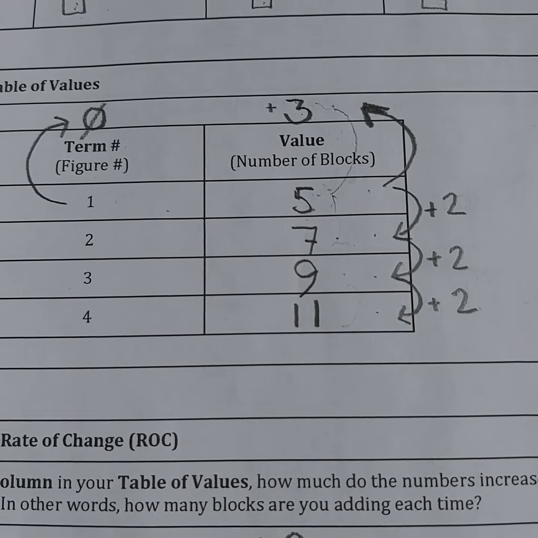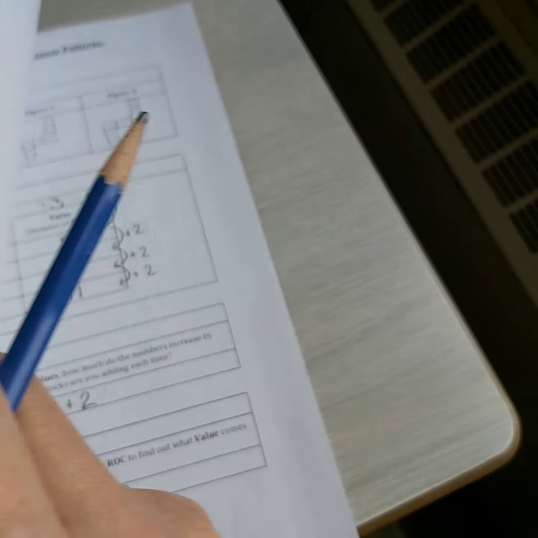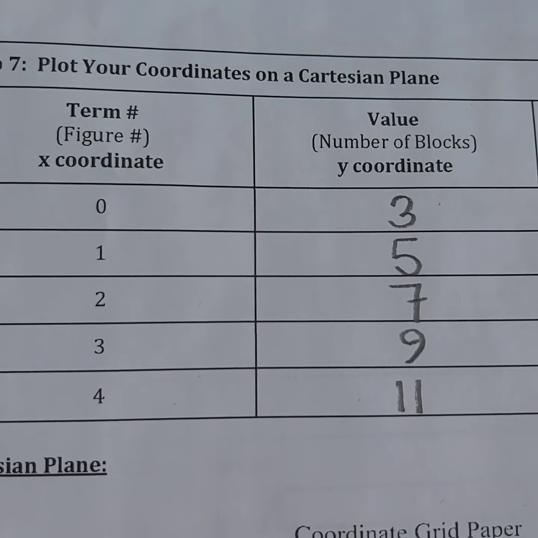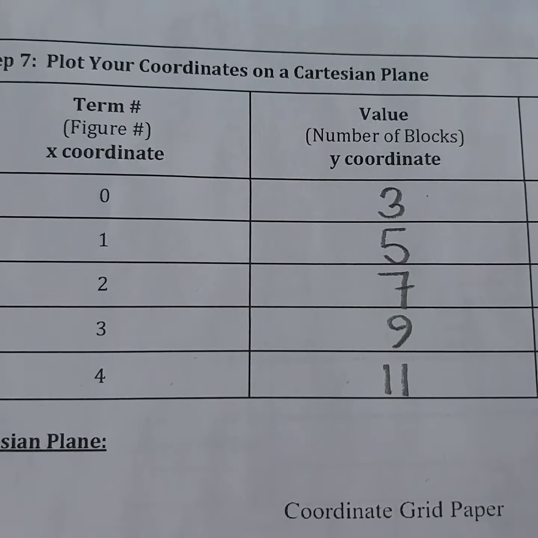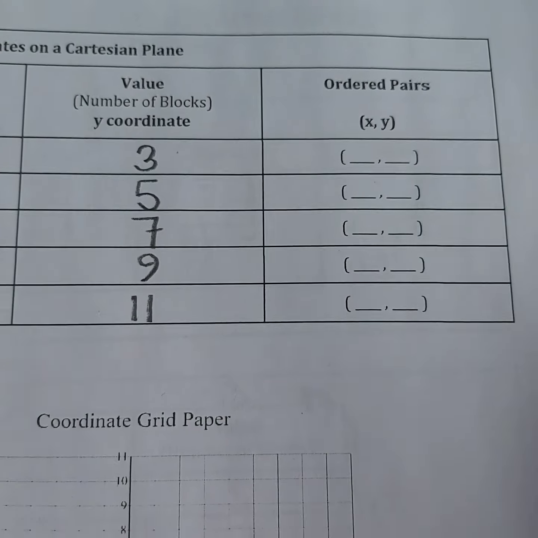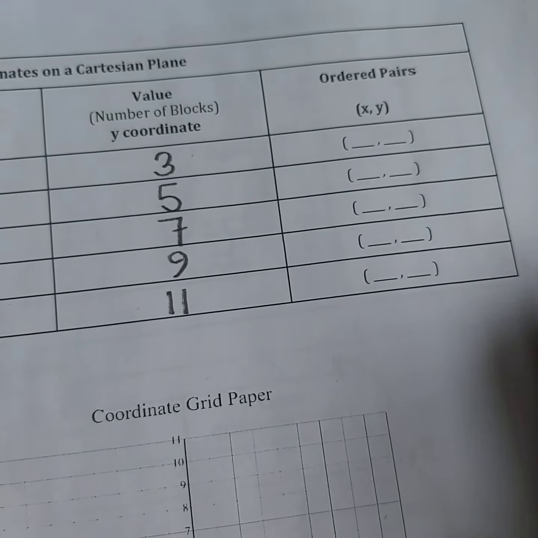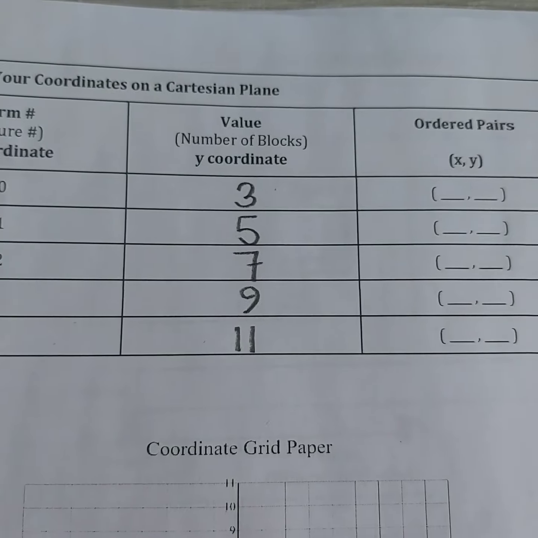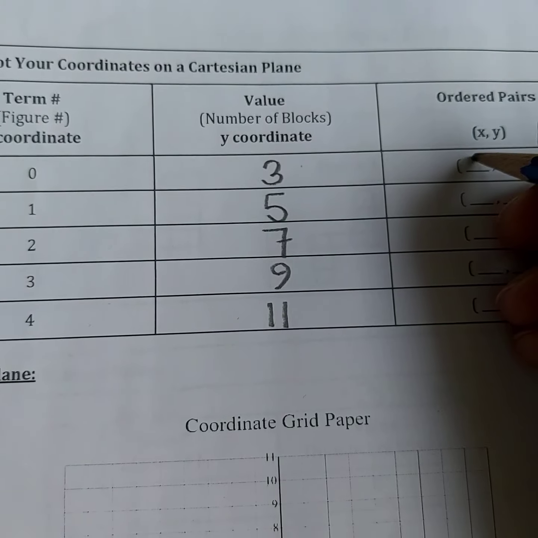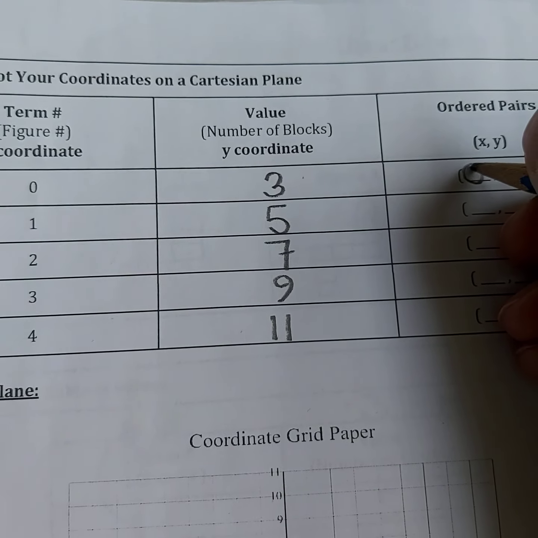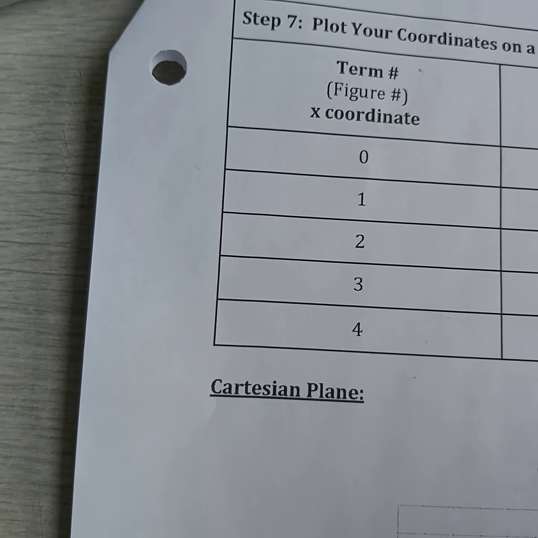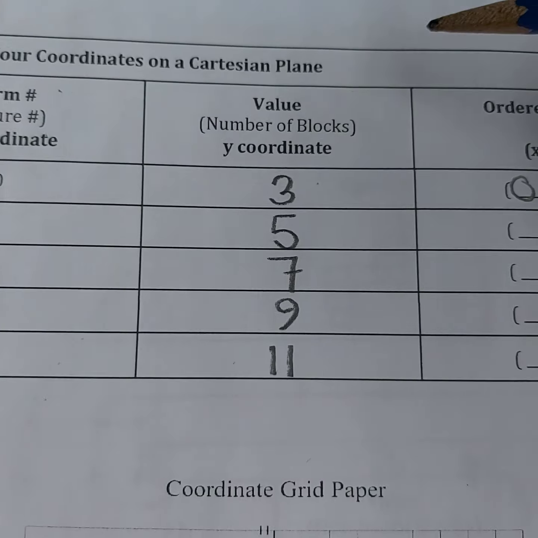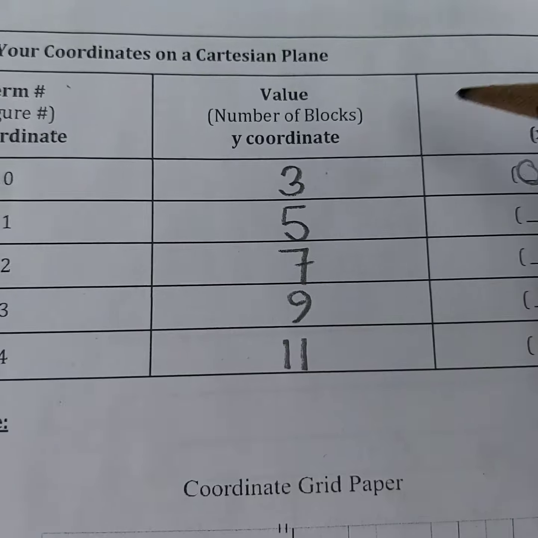Okay, so I'm taking those exact same numbers, I'm just transferring them into this chart. But now I've added a new column, and this is where we create ordered pairs, which will be coordinates that we can plot as points. So all you do is you look at the term column, that becomes your x coordinate, and the value column becomes your y coordinate.